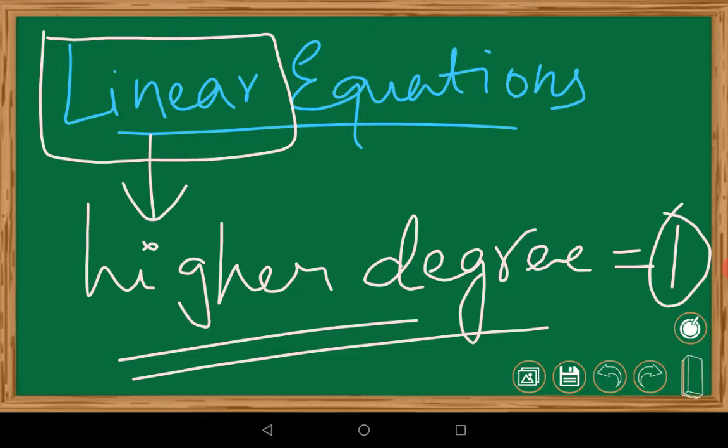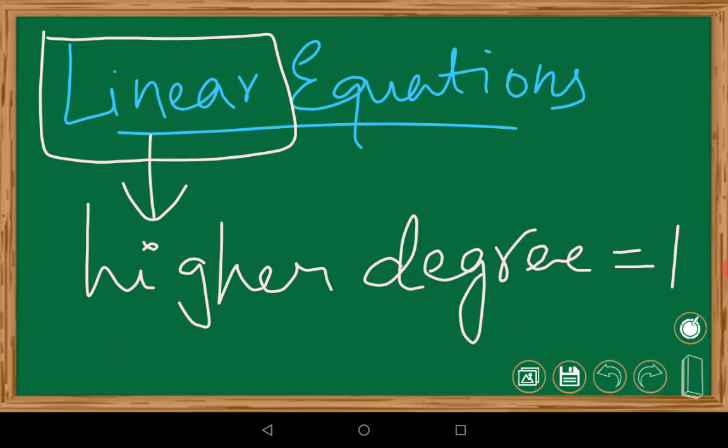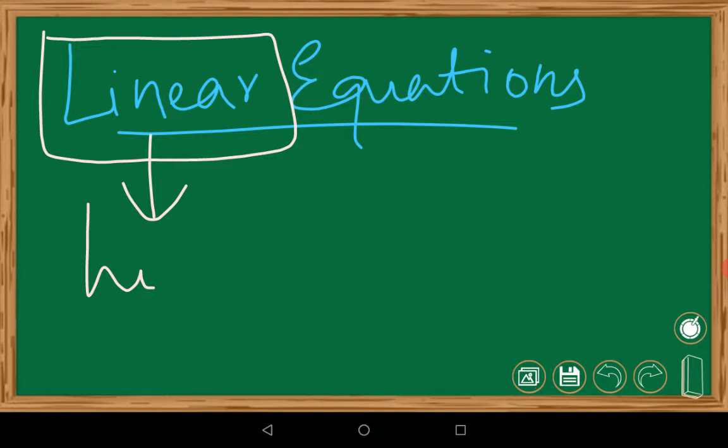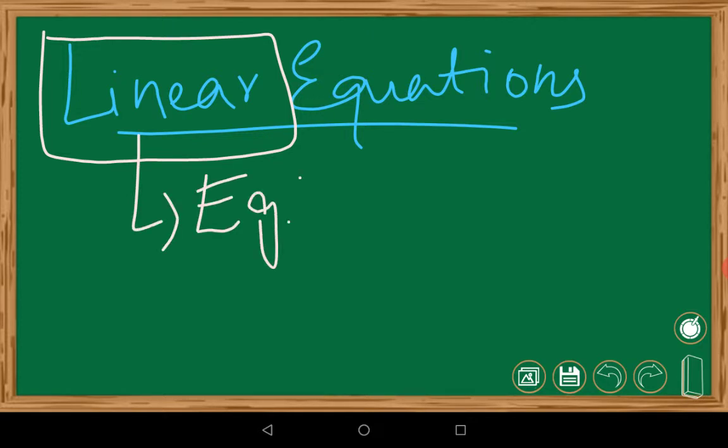So we are going to look at these linear equations in this chapter. First we'll take some examples so that we could understand better, right? First example I can take is 2x minus 1. It is not about the terms we are having, but it is about the highest degree.